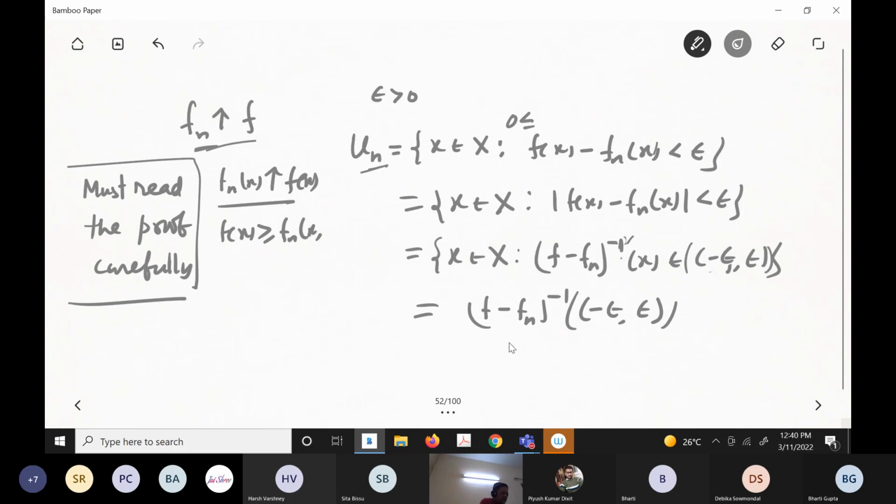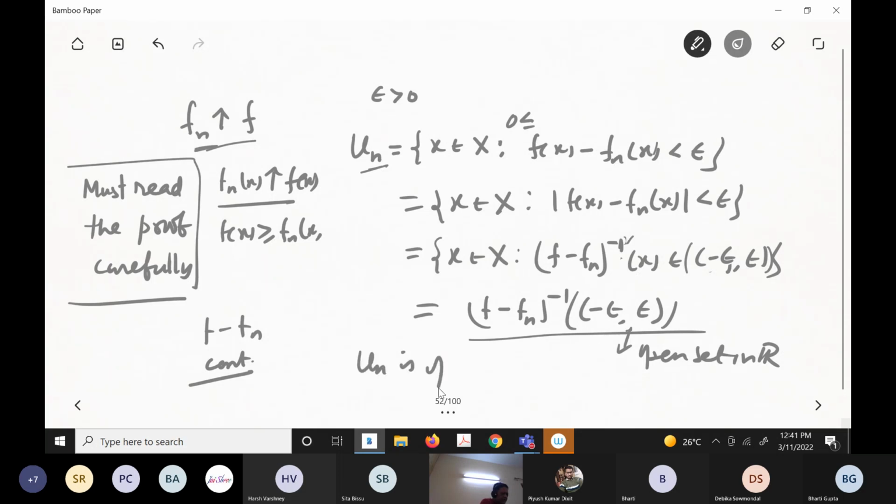So this even means this: both f and fn are continuous, and it's a neighborhood of 0, an open set in R. Both f and fn continuous, so f minus fn is continuous. By the global definition of continuity, the inverse image of an open set is open. So Un is open in X.